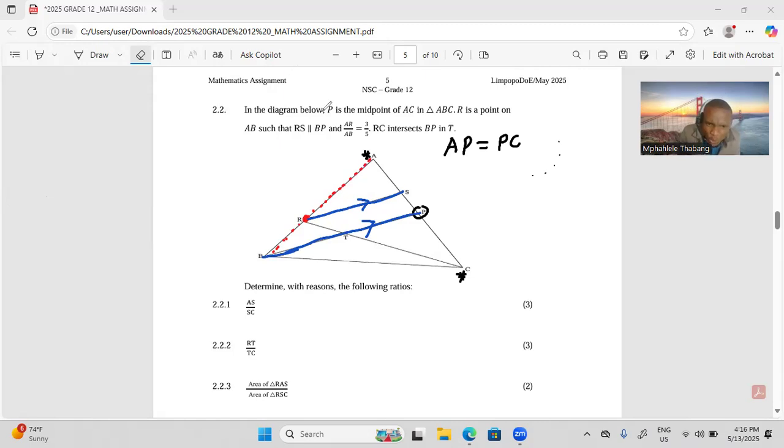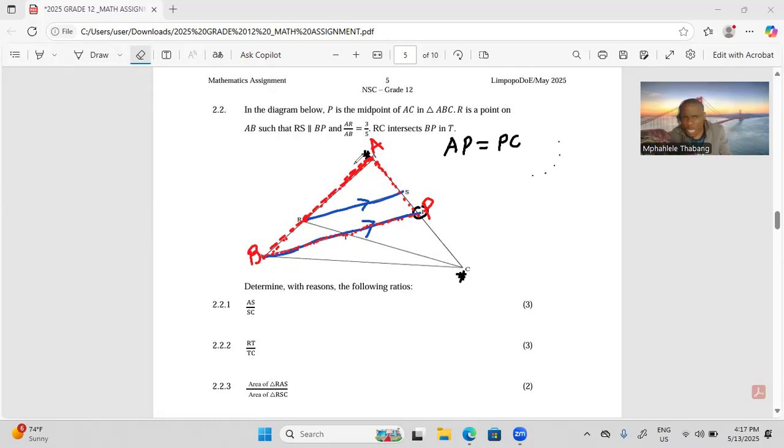I want us to look at this triangle A, B, P. This triangle here. I'm trying to show it with a red color ink. So I have let me say A here, B here, P here. You look at this triangle ABP, it has got three sides. Obviously, a triangle must have three sides.